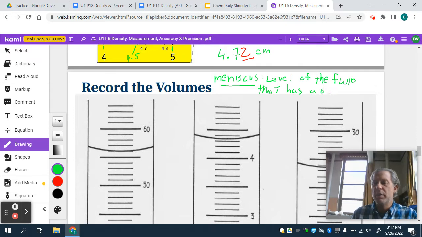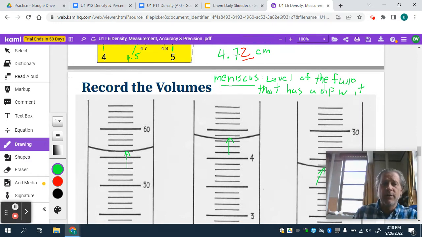That's the least technical term I can come up with. If we look at these graduated cylinders, this part of the line, or maybe this part, that's where the meniscus is. It's the top, the level of the fluid, but there's just this indentation or dip in it.